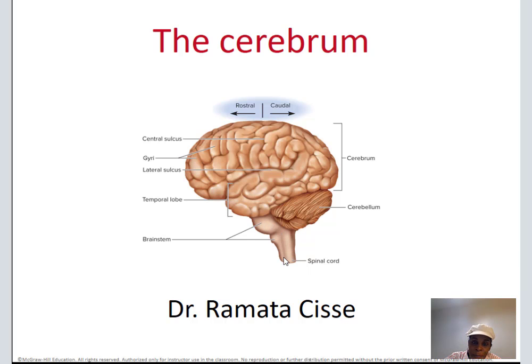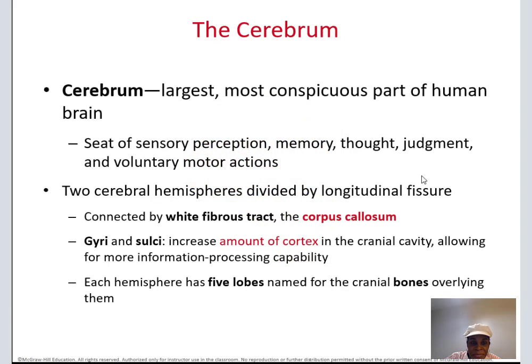And the brainstem has four parts: the medulla oblongata, the pons, the midbrain, which will be under here, and the diencephalon. And then we have the cerebellum and the cerebrum. Today, we're going to talk about the cerebrum, which is part of the central nervous system.